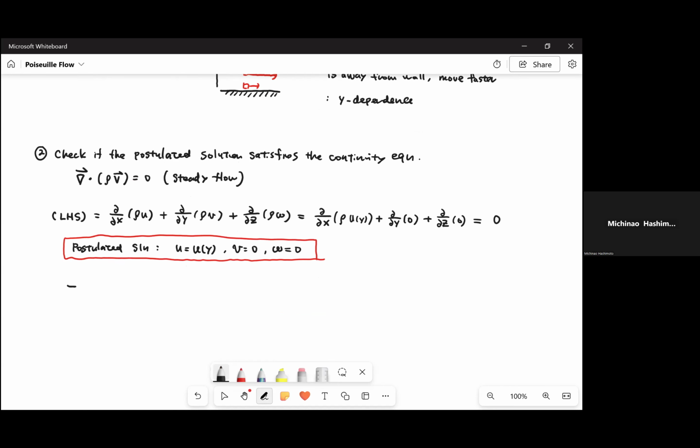We say this satisfies the continuity equation. So at least our postulated solution is a good candidate, a good candidate for the potential solution for the Navier-Stokes equation.